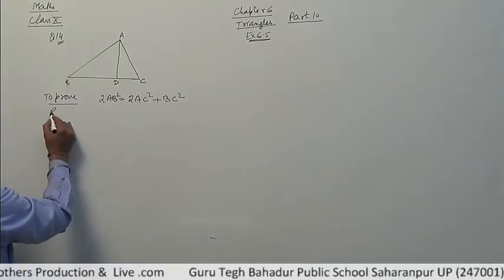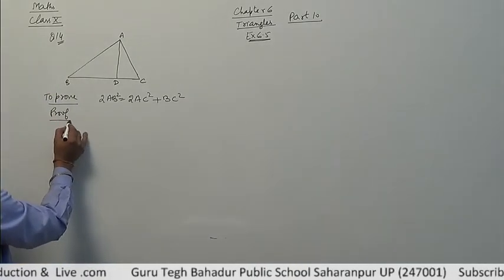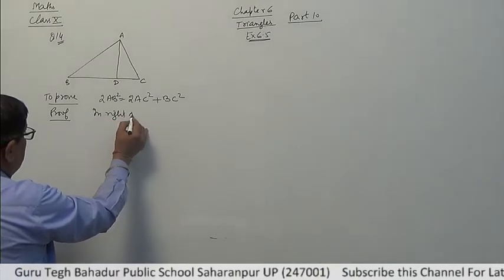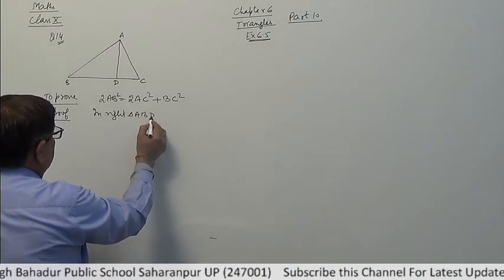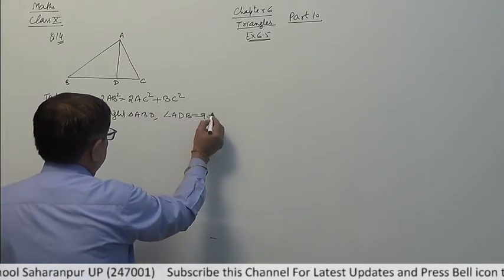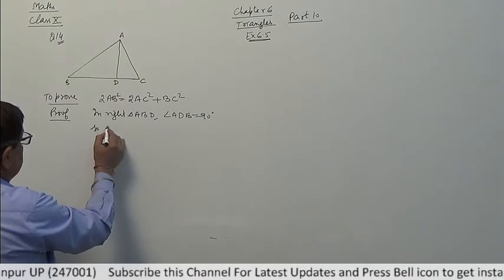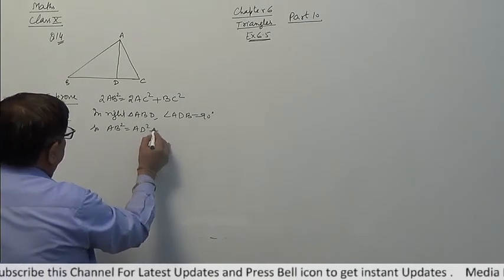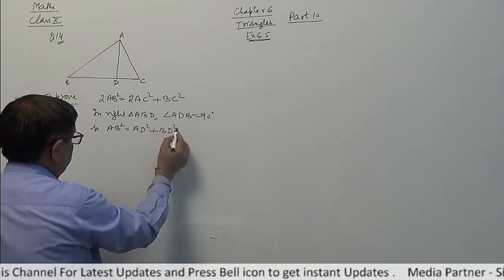Proof: in right triangle ABD, angle ADB is 90 degrees, so AB square is equal to AD square plus BD square.